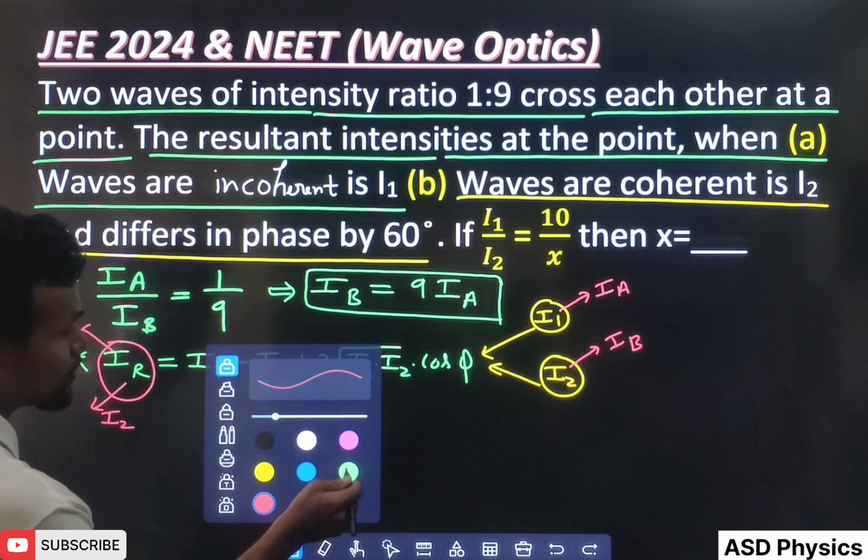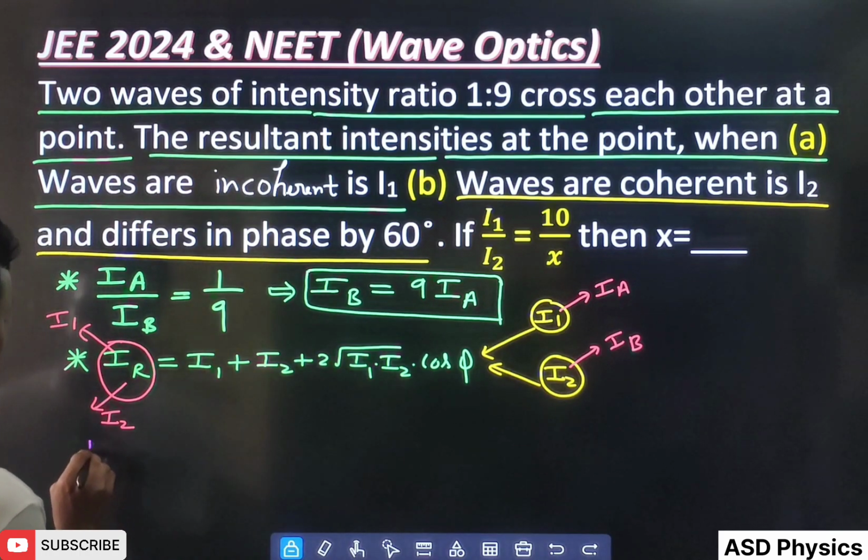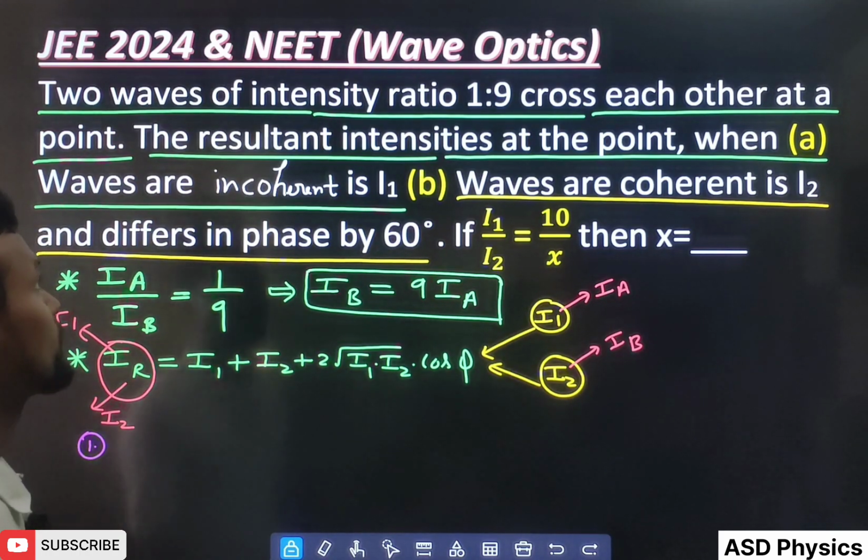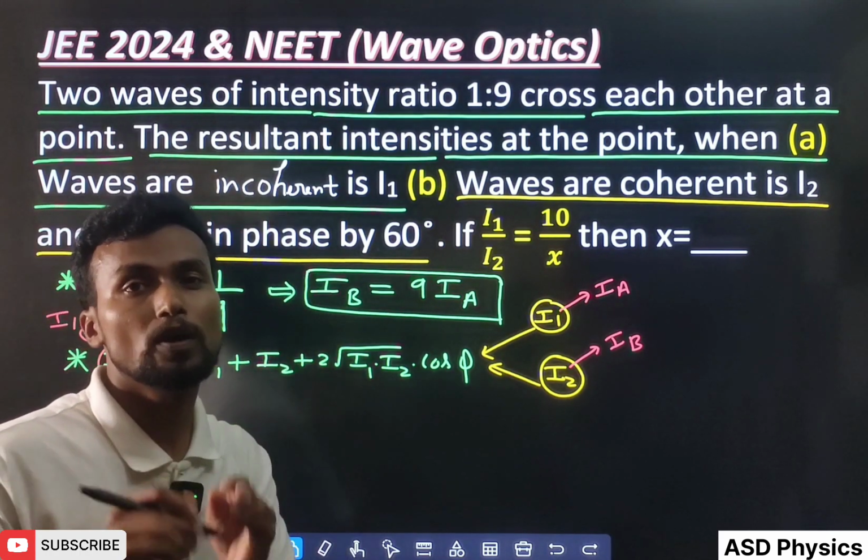Now for the first condition, they have given that the waves are incoherent.